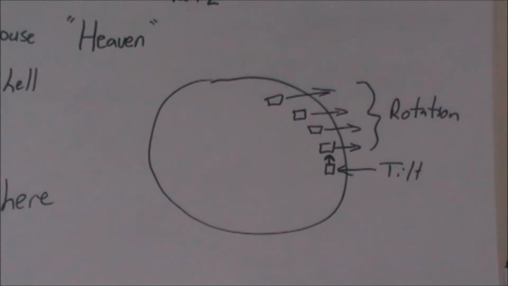That produces rotation. We have one that fires upwards, that produces the tilt. And the tilt field alters direction between the gravity elements to produce tilt for the seasons.